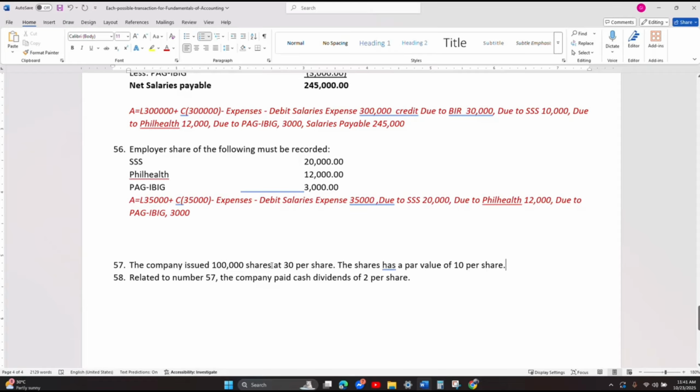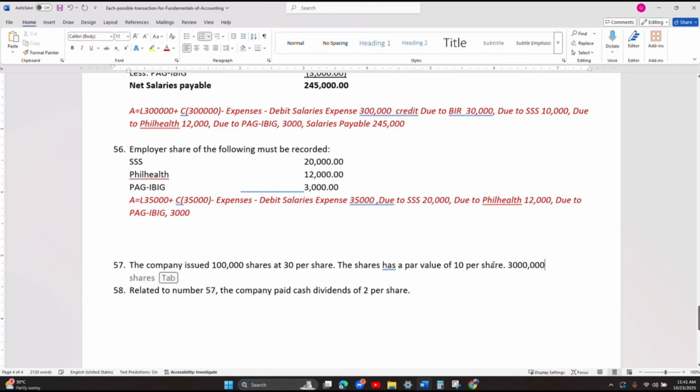So 100,000 times 30, that's 3 million. Okay? So what is that 3 million? Actually, the same with a sole proprietorship, the substance of this one is that the owner invested 3 million from his own pockets, and normally the entry is debit cash, 3 million, credit BBG capital.